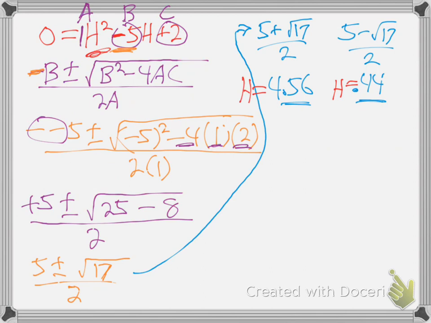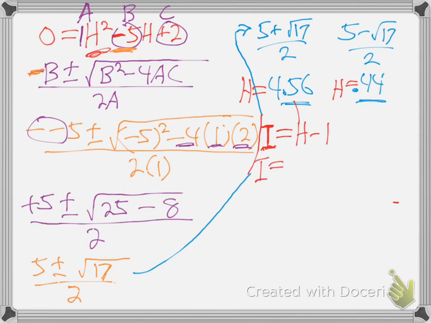So if the hose is 4.56, the inlet pipe is hose minus 1.